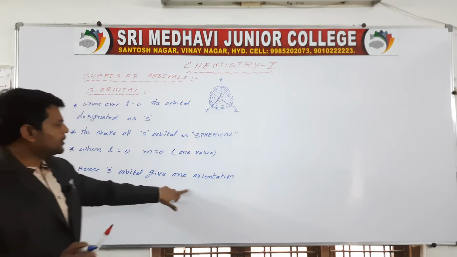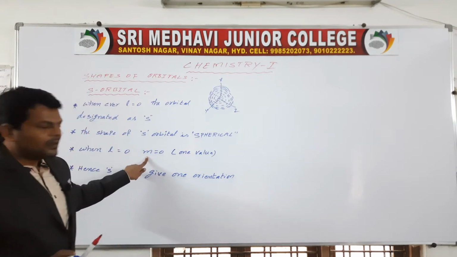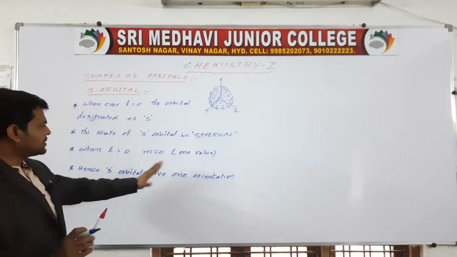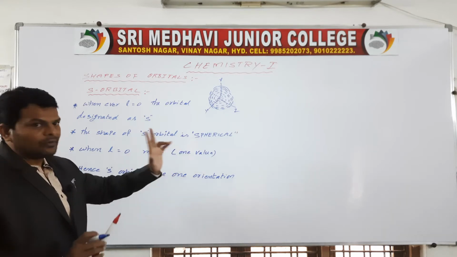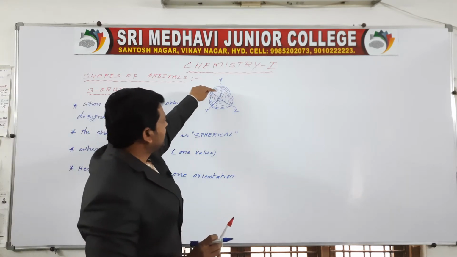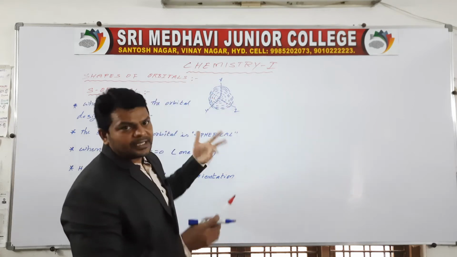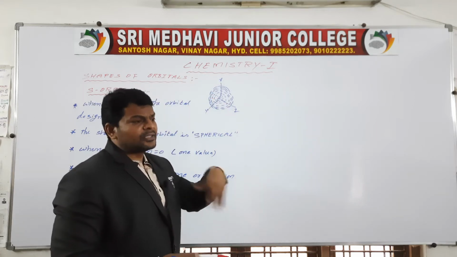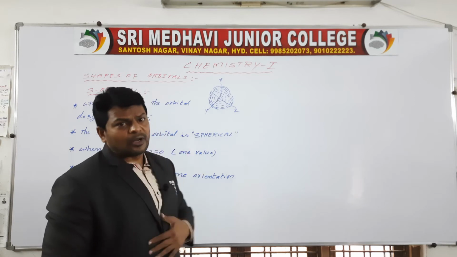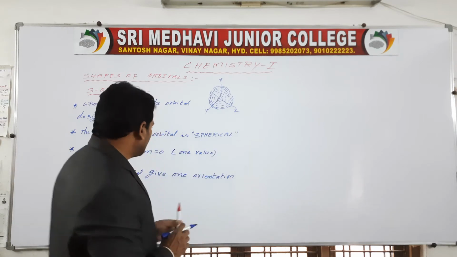If you give one orientation, along x, y, z it is the same. That's why it gives only one orientation. One orientation means one revolving.